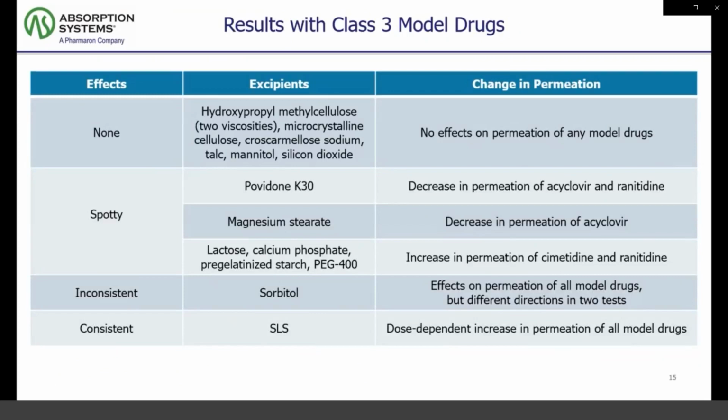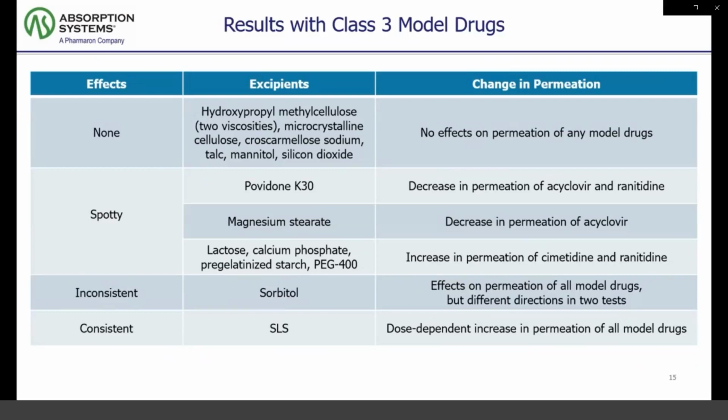Another 6, povidone, magnesium stearate, lactose, calcium phosphate, pregelatinized starch, and PEG 400, had some effect, either an increase or a decrease in permeation on only 1 or 2 of the model drugs. One excipient, sorbitol, was inconsistent because it affected the permeation of all of the model drugs, but the effects were in different directions in 2 separate experiments.